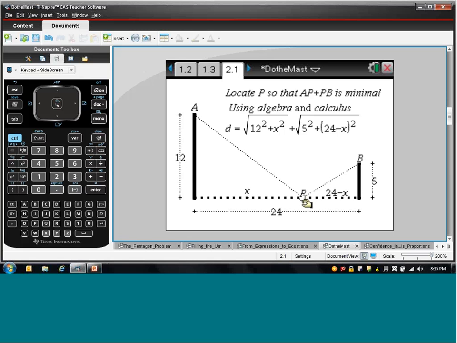That leaves 24 minus x as the distance between P and the base of the other mast. And then by using the Pythagorean theorem and some algebra, we can come up with what in calculus we might think of as our objective function. This is that total distance of rigging from point A to point P to point B.